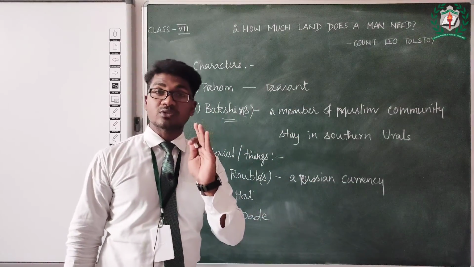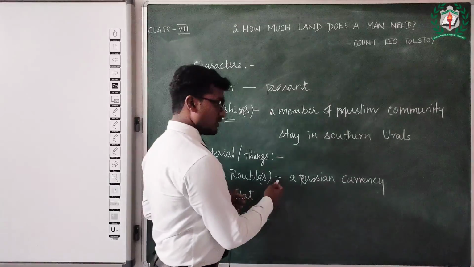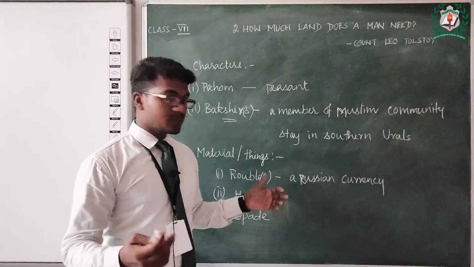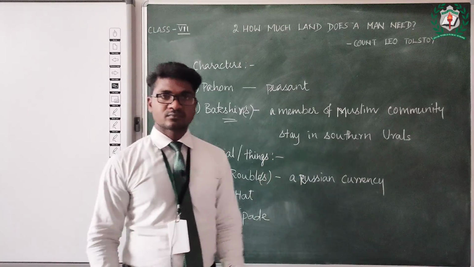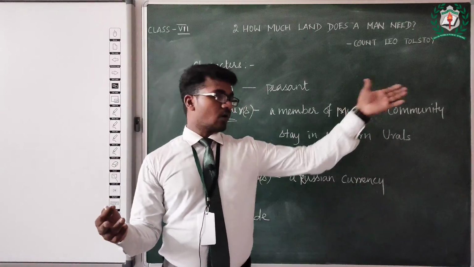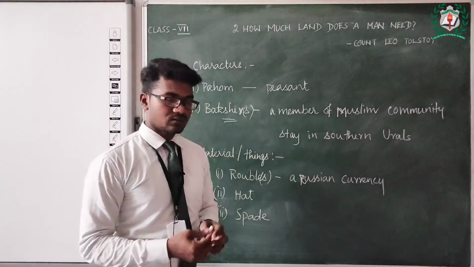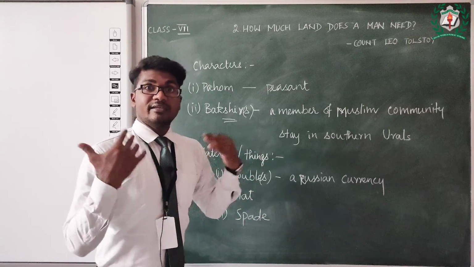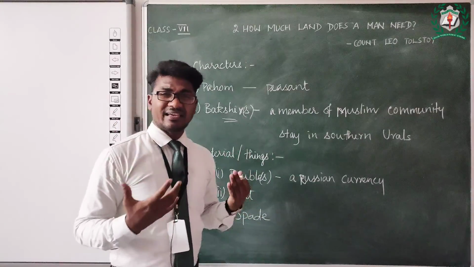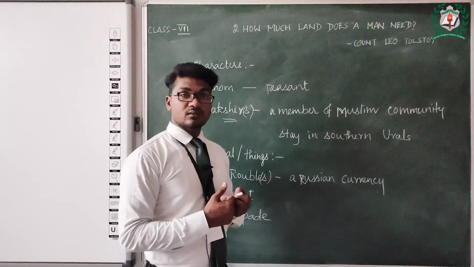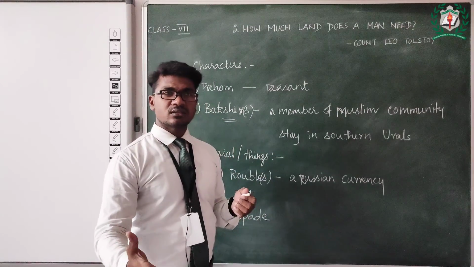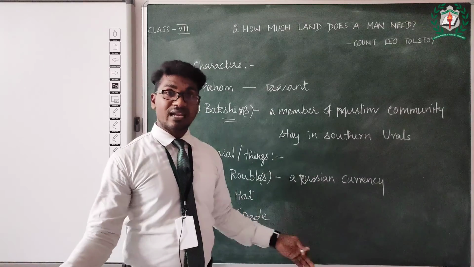Just pay only 1,000 rubles. We use rupees in India, they use rubles, just 1,000. If you pay 1,000, all the lands which you have walked will be yours. He was so ecstatic and surprised that for 1,000 rubles he is going to have the land.